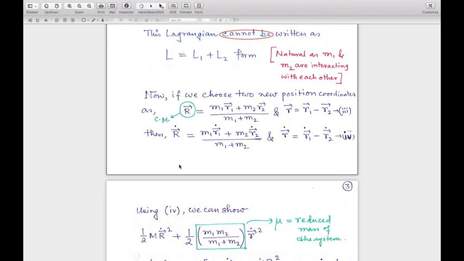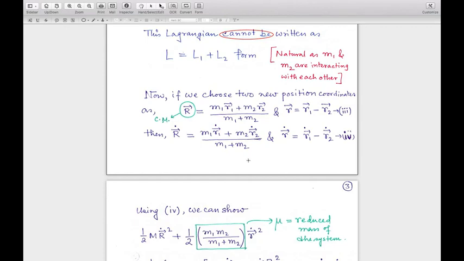This is a representative position where, if the total mass of the system, m1 plus m2, is situated even imaginarily, then the mass moment of that position will be exactly equal to the sum of the mass moments of all the particles.